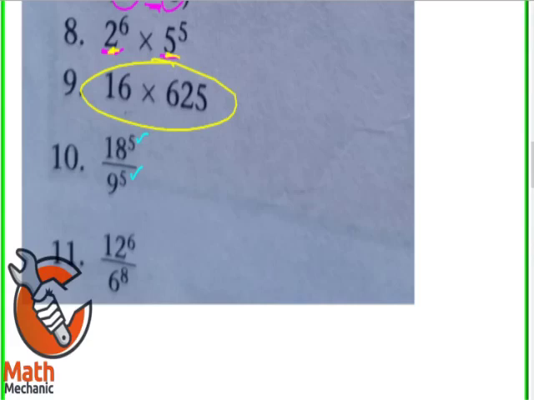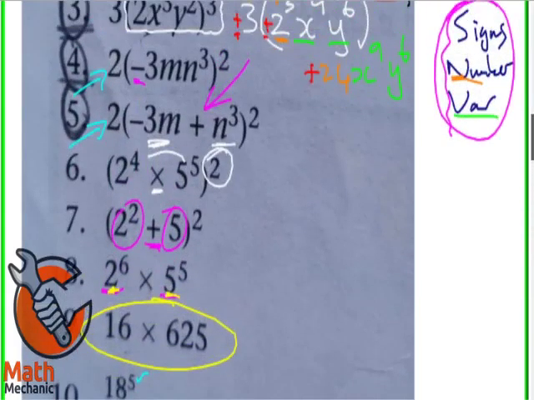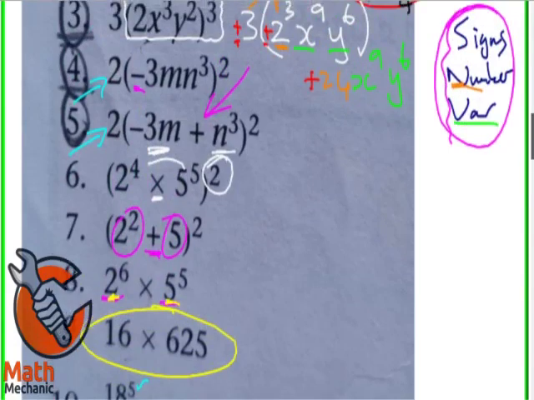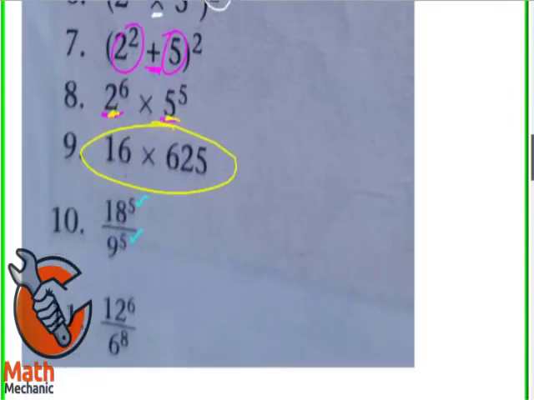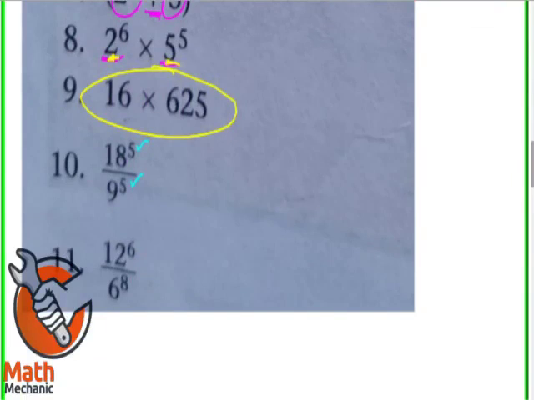Whenever you are working with exponents, you'll notice up to now we've been working with prime factors 2 and 3. Now suddenly you are working with 18 and 9. That doesn't really count, because 16 and 625 are two reasonable numbers. You can multiply them. You can do this in exponents if you want to, but it's easy enough to do the multiplication of the two numbers.